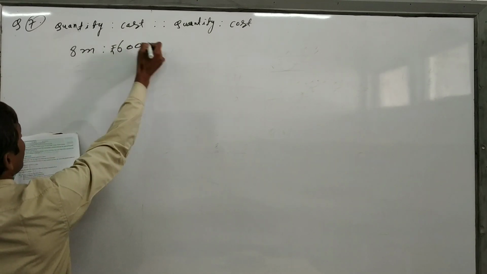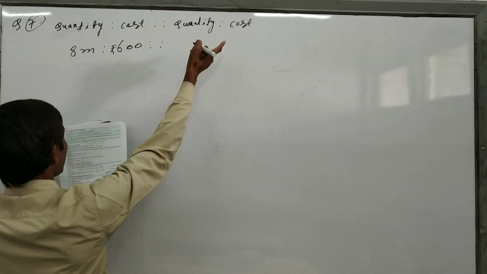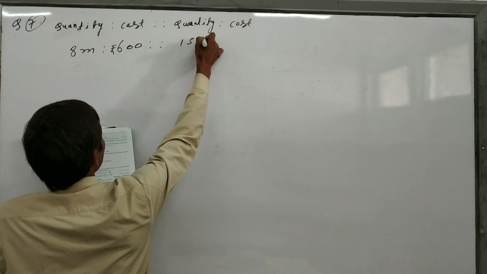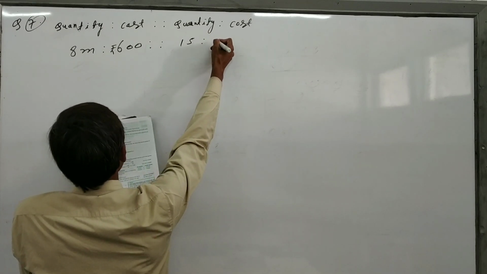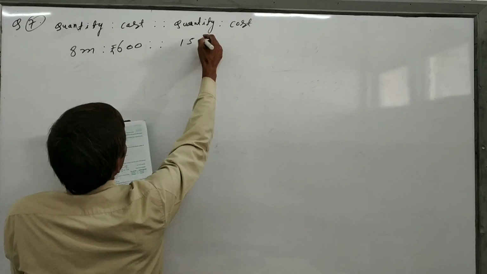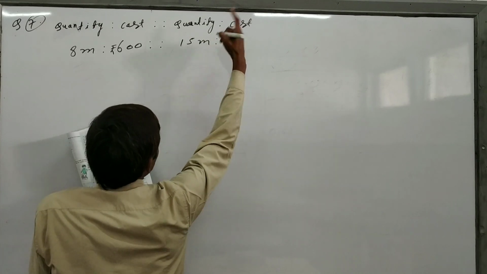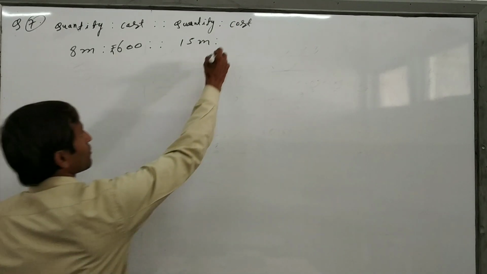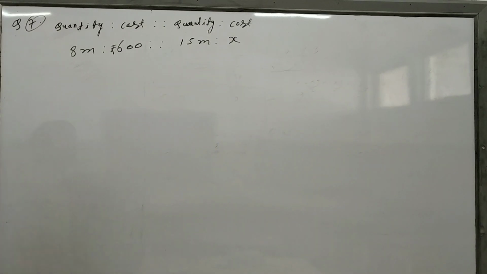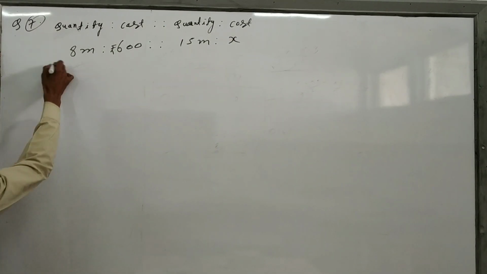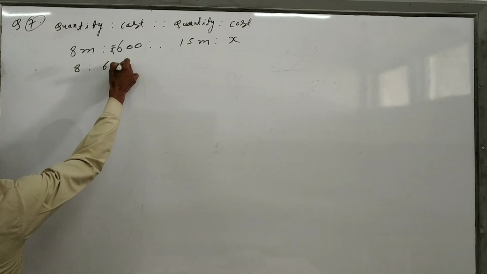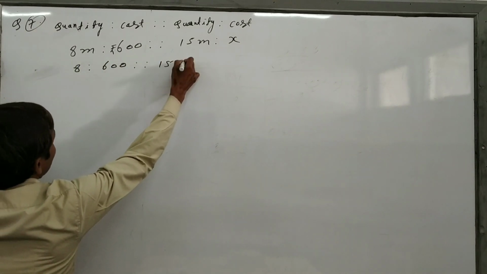Okay. Now in proportion we have quantity 15 meter, and we have to find the cost of 15 meter cloth. So again write down here, we don't know that value, so just put variable x. Okay, now these are in proportion: 8 ratio 600 proportional 15 ratio x.